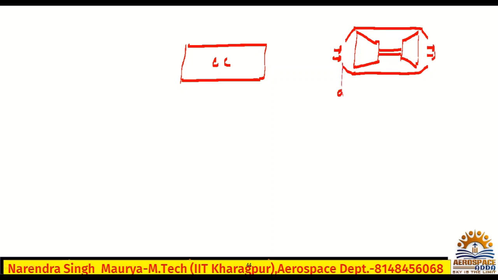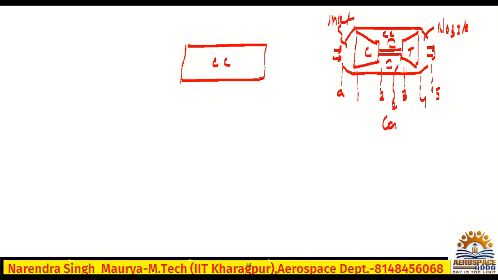So station a to 1 is the diffuser, 1 to 2 is the compressor, 2 to 3 is the combustion chamber, 3 to 4 is the turbine, and 4 to 5 is the exit. You all know this is the compressor, here we have the combustion chamber CC, this is the turbine, this is the nozzle, and this is the inlet or diffuser.